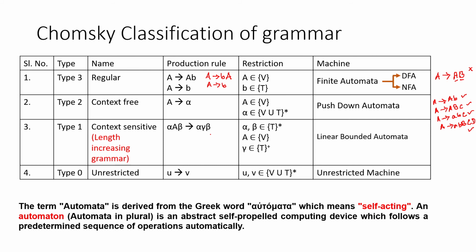And you see, one more very important difference we can find with respect to the previous two cases is that in the LHS of this production rule, there is a possibility to have some combination of terminal and non-terminal.